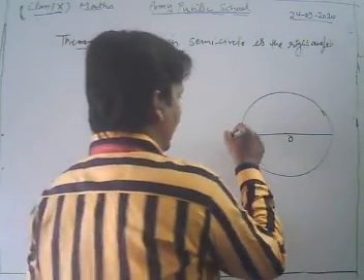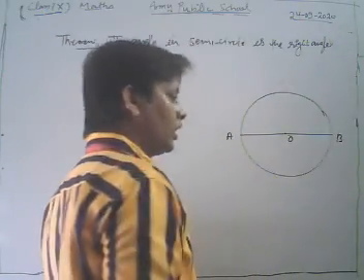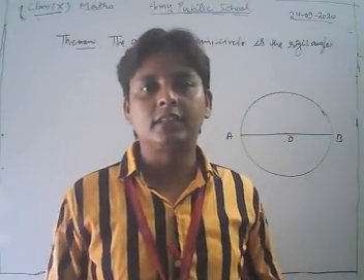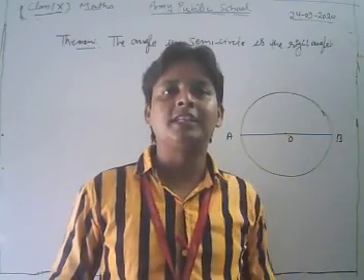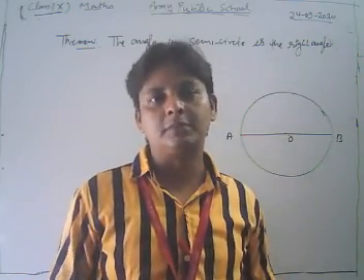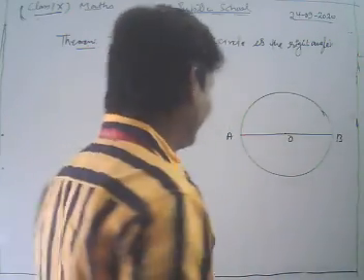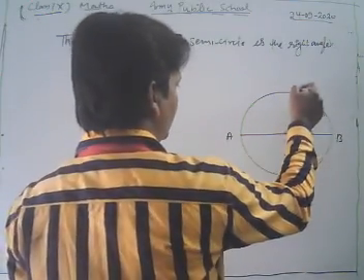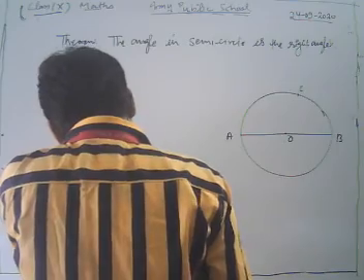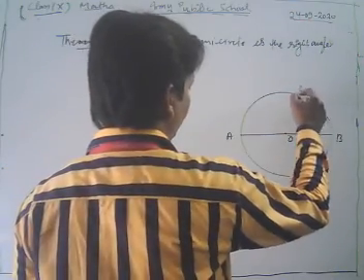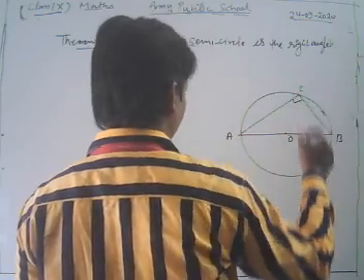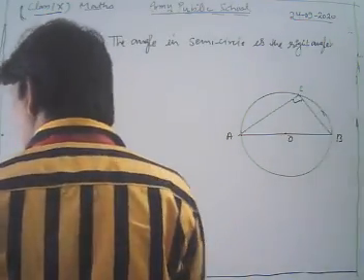You know that the diameter divides the circle into two equal parts, and each part is said to be a semicircle. Now this is your semicircle, and suppose we take C, any point on the remaining circle. Now we join AC and BC, and we have to show that angle ACB is equal to 90 degrees.